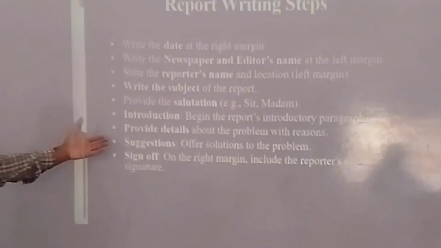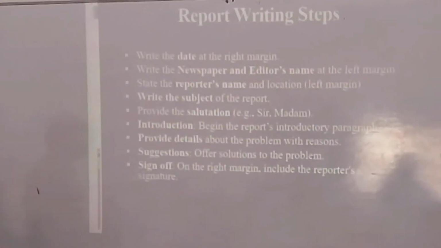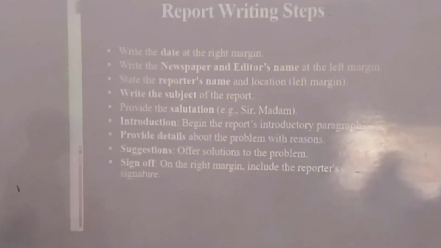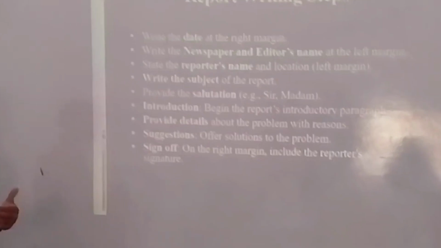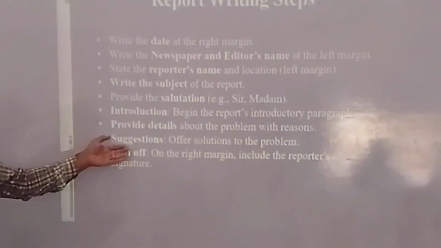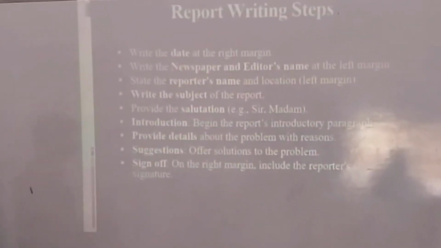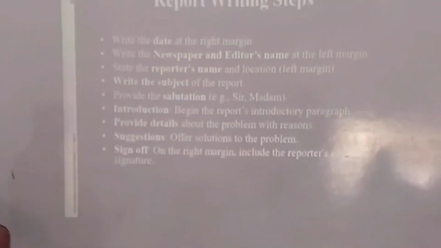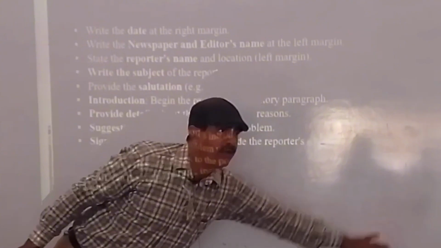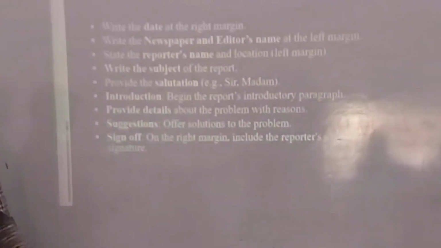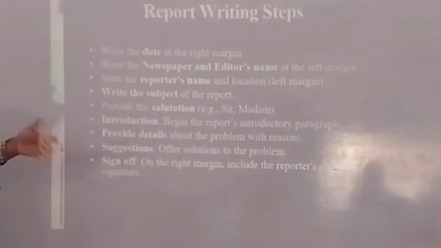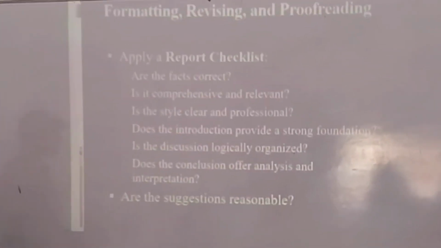Clear? Then provide details about the problem with reasons. So you have discussed the problem, but the reason must be there. Next, suggestions, offer the solution to the problem. Sign off, then you have to write the signature over here and write your name, ABC like this. Okay. Thank you very much.